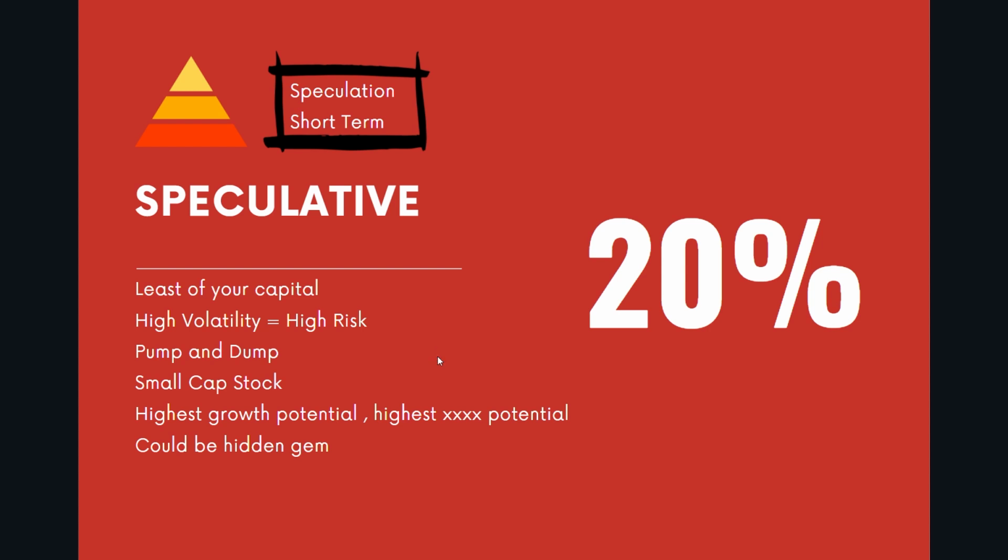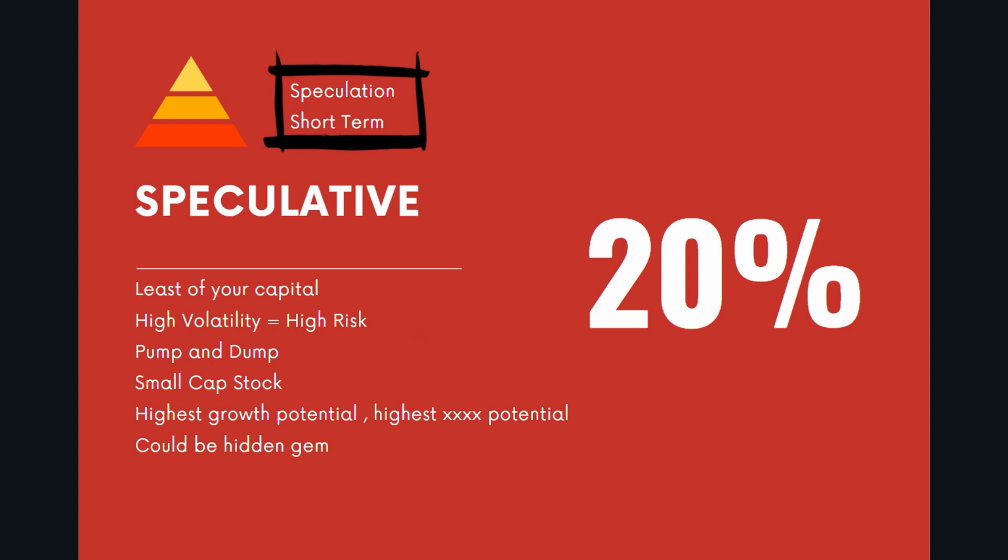A story has two sides. Always remember that. There are people becoming millionaires. There are also people sleeping on the street the next day. So it is not advisable to put all of your capital in this. That is why we put 20%.